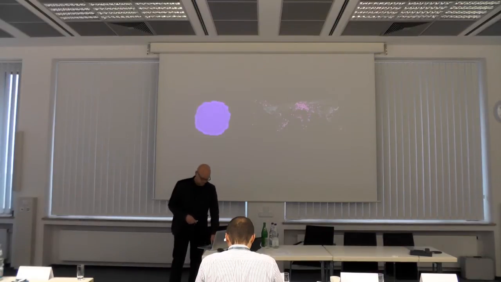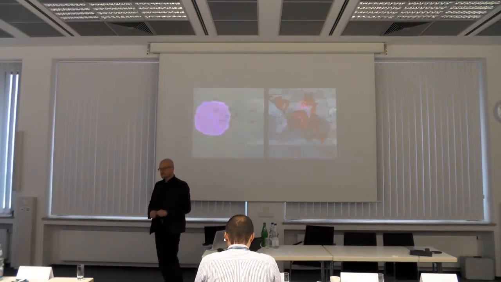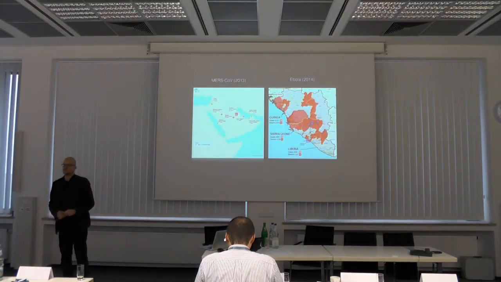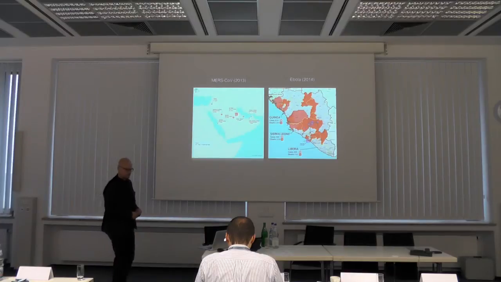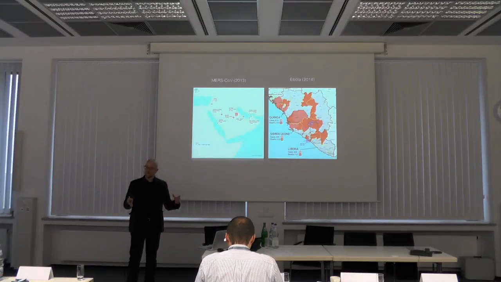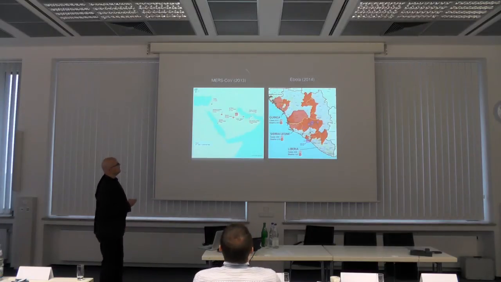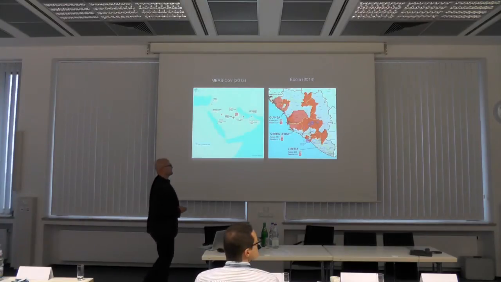Now that's all nice, but that's also an issue, because these computer simulations require fixing parameters of the system, right? So even though they work very well, when you need them most is in the beginning of a scenario, like the MERS coronavirus that started popping up here in Saudi Arabia, or the Ebola outbreak in West Africa. And I have to apologize, this is a bit of an old slide.